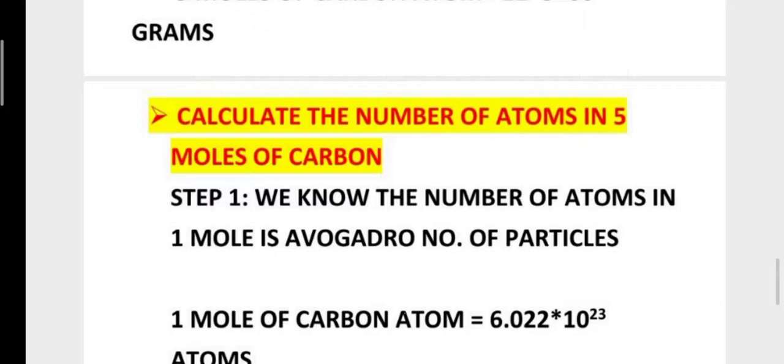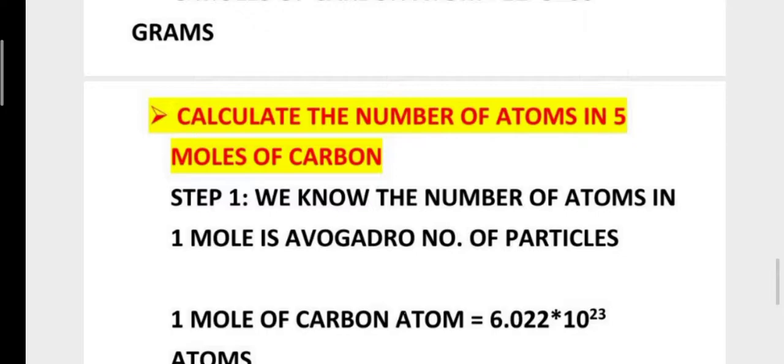So 1 mole of particle is therefore defined as the amount of substance which contains Avogadro number of particles, that is 6.022 into 10 to the power of 23 particles. In simple words, a mole of atoms will have 6.022 into 10 to the power of 23 atoms.